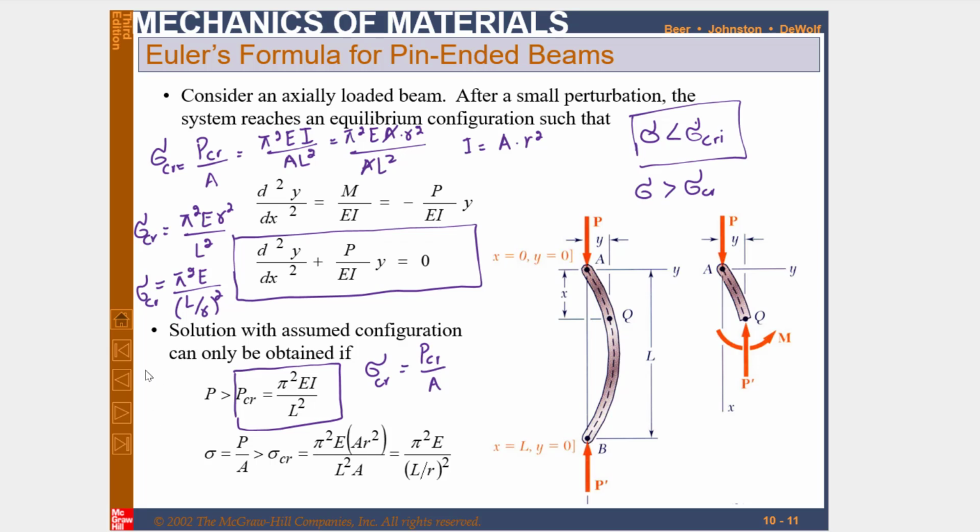Now this L over r is a new term, which is known as slenderness ratio, and it is a very useful term that we will use to check the stability of a column. So this sigma critical will become equal to pi square E over L over r whole square, where L over r is known as slenderness ratio, and it is also given over here that sigma critical is equal to pi square E over L over r whole square.